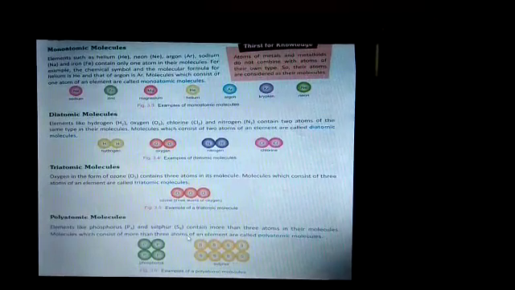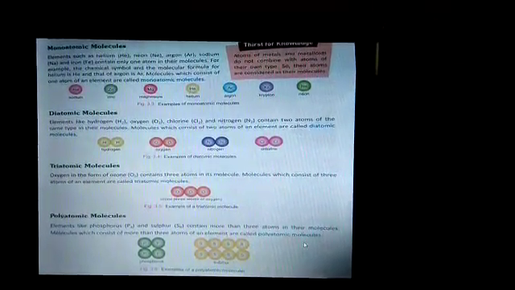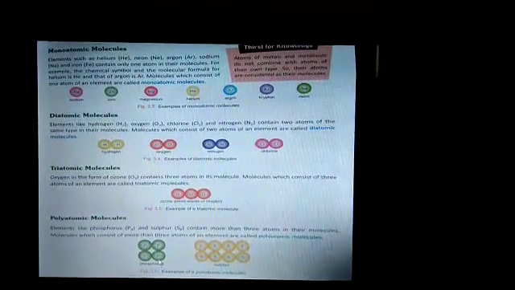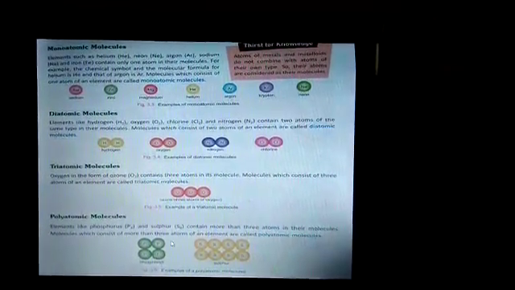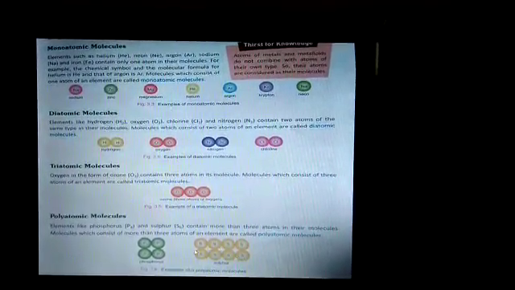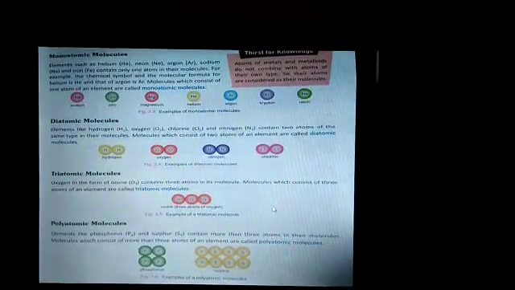You can see the first one, phosphorus, containing 4 atoms, and the second one is sulfur molecule containing 8 atoms of sulfur. So these are the pictures of the molecules depending upon the number of atoms.